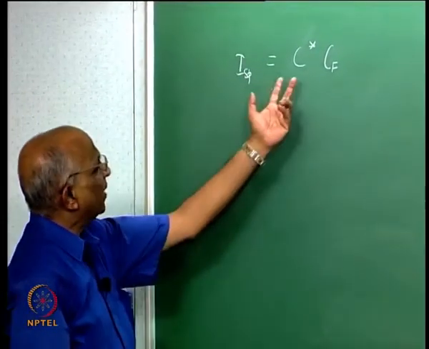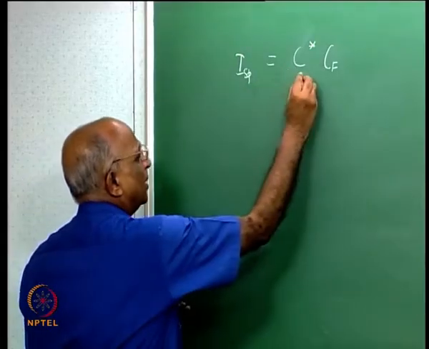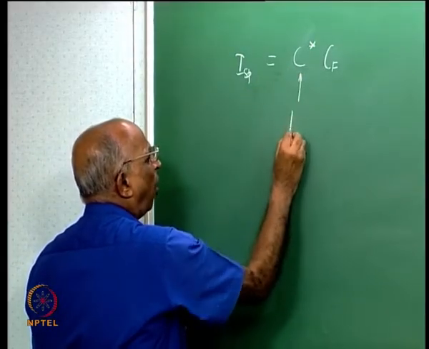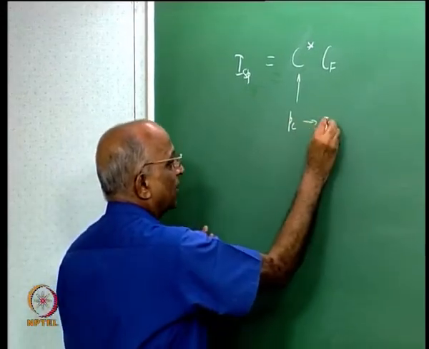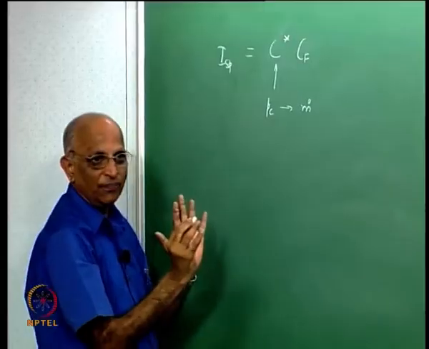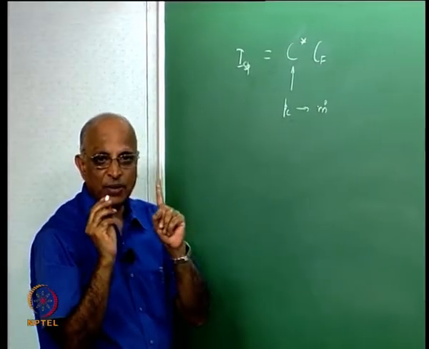Let us first clarify, C-star efficiency is something which tells how much chamber pressure is developed when I give a certain mass flow rate through the nozzle. The nozzle is identified by throat area.